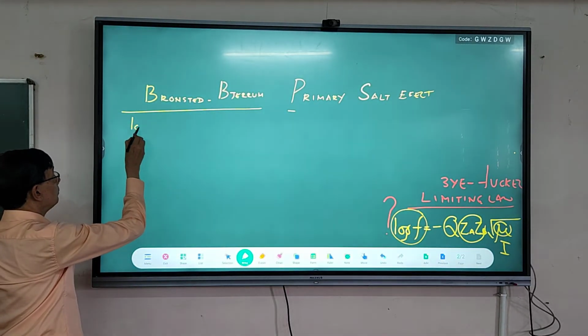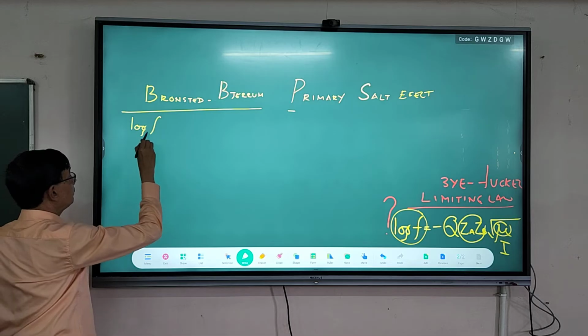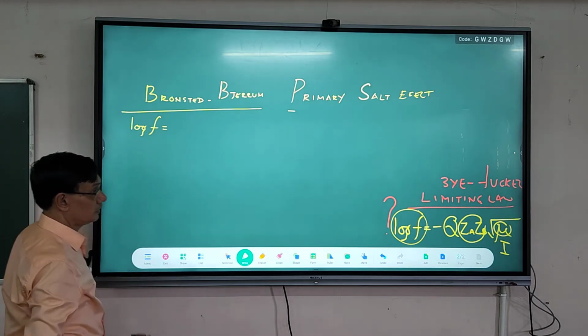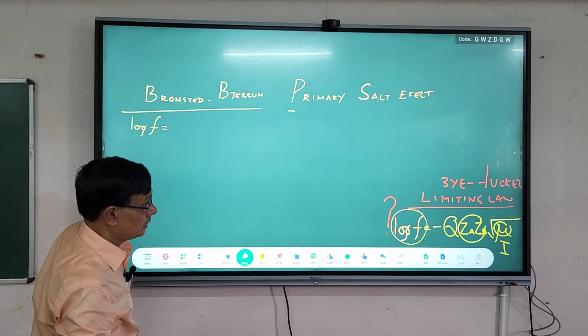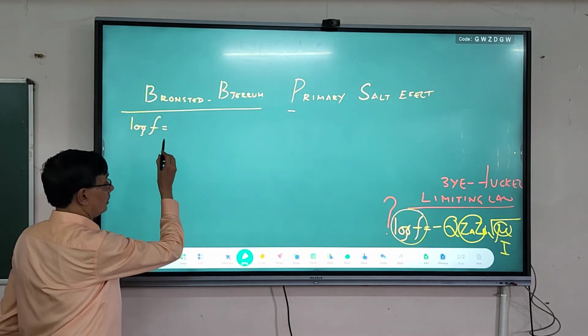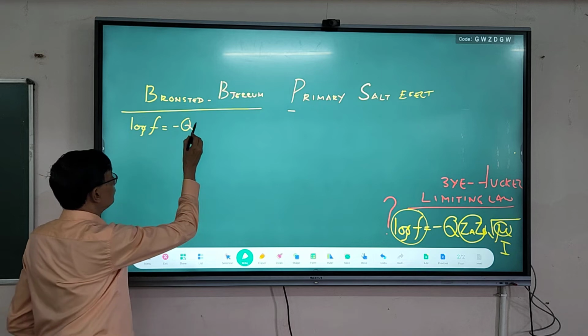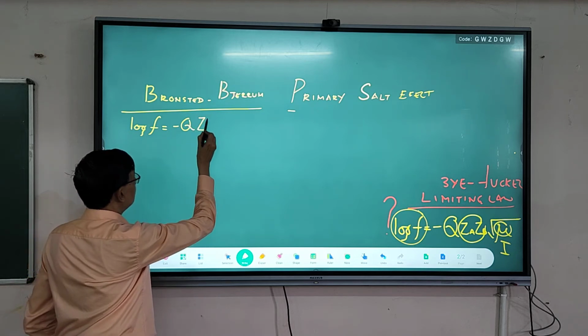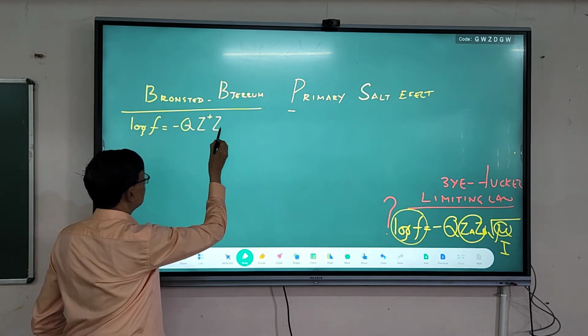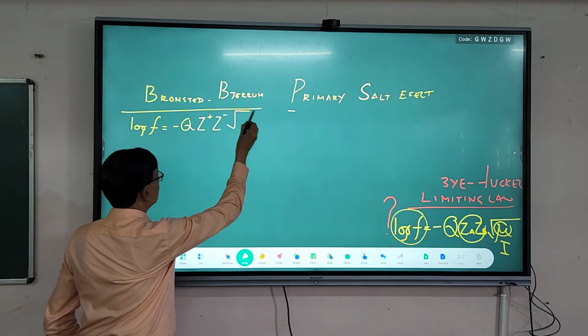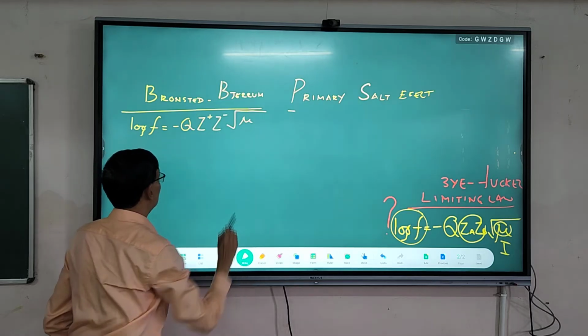Log of f for our system is minus Q Z plus or ZA or Z minus under root of mu. This is the Debye-Hückel limiting law.